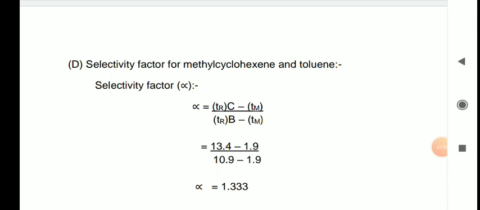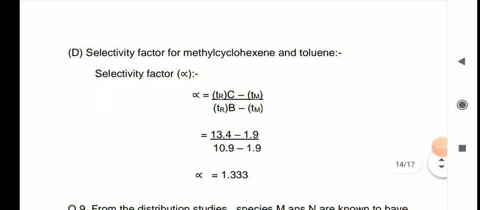Then you have got the formula for selectivity factor, the formula for resolution, the formula for plate number, the formula for column length, which is L is equal to N into H. We have got the formula relating RS and plate number. Then we have got the formula for your elution time, TRB, and the resolution. So these formulas you have to apply.